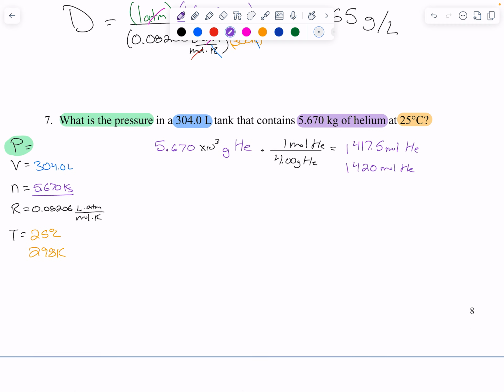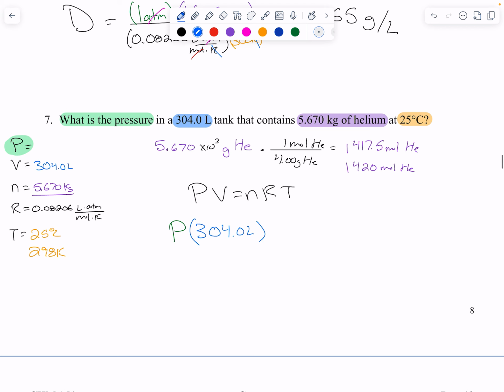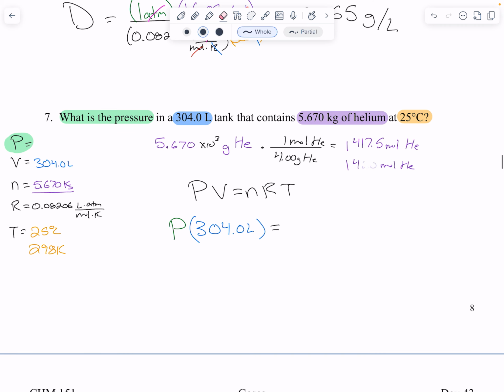All right, so now we can plug in our PV equals nRT formula. We're looking for the pressure. The volume is 304.0 liters. N is, actually I have 4 sig figs there, don't we? I almost made a mistake on you guys. This should be just an 8. This is 1418 moles of helium.